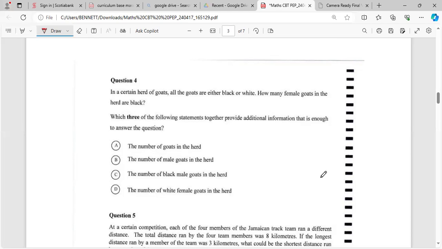A, the number of goats in the herd. B, the number of male goats in the herd. C, the number of black male goats in the herd. Or D, the number of white male goats. Which three do we need to find out how many female goats?